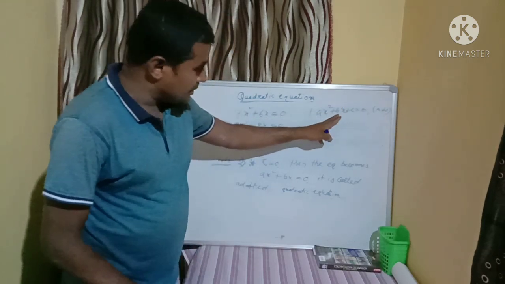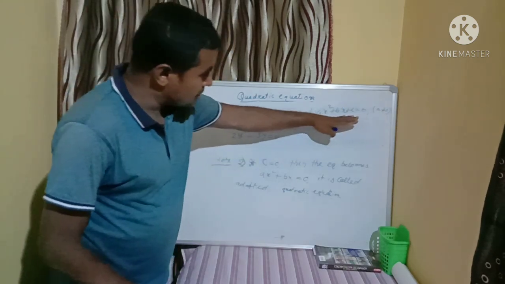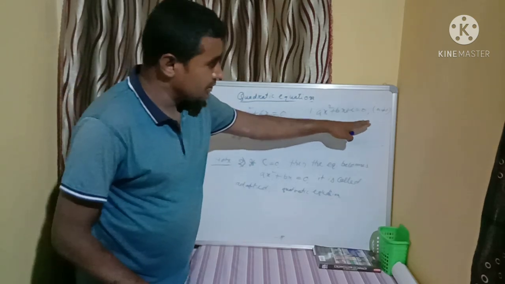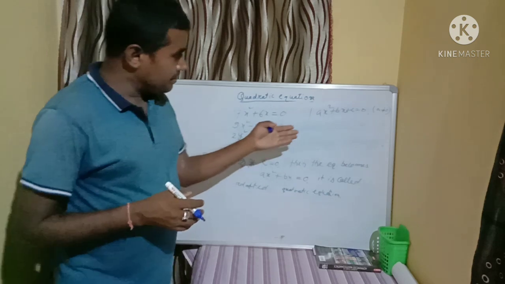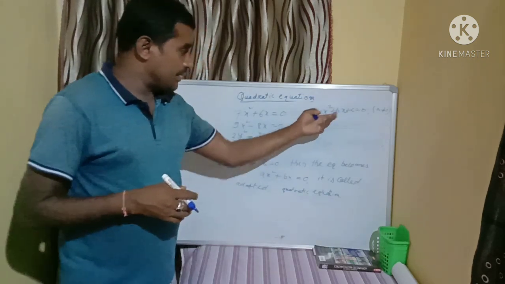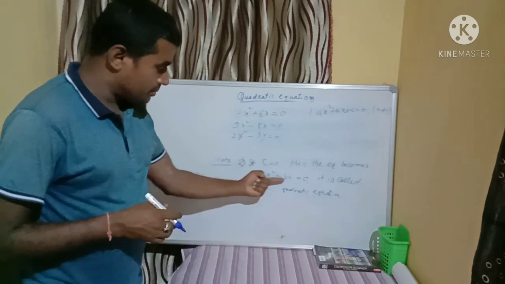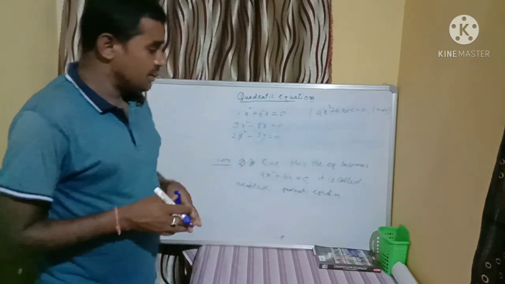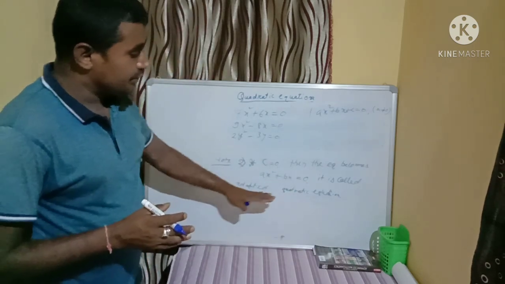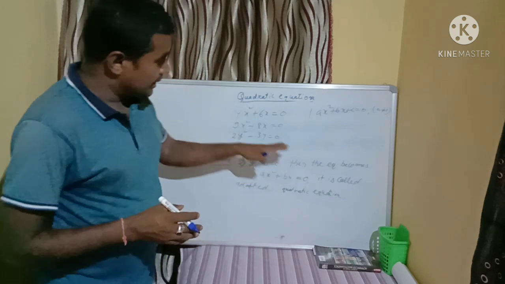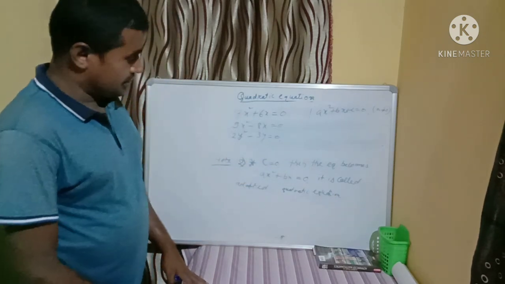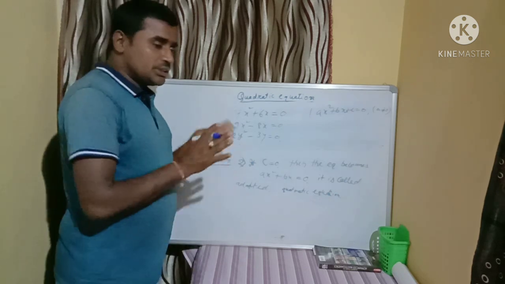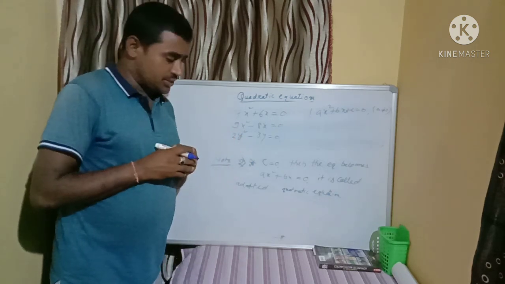If b is 0, then the quadratic equation becomes ax square plus c equal to 0, which is pure quadratic equation. And if c equal to 0, then the equation becomes ax square plus bx equal to 0, and this is called adapted quadratic equation. And here I gave some examples of adapted quadratic equation. Okay, so this is the introduction about quadratic equation.